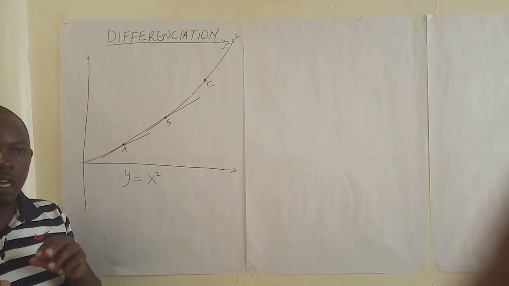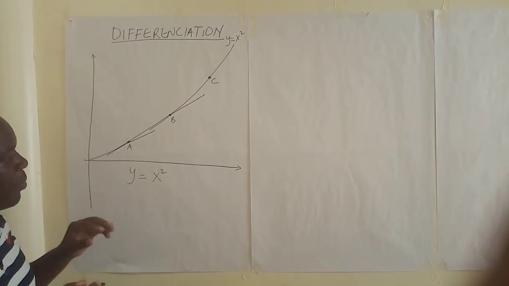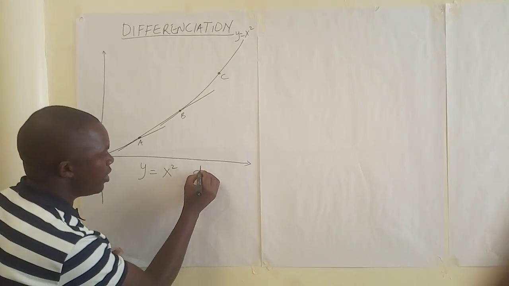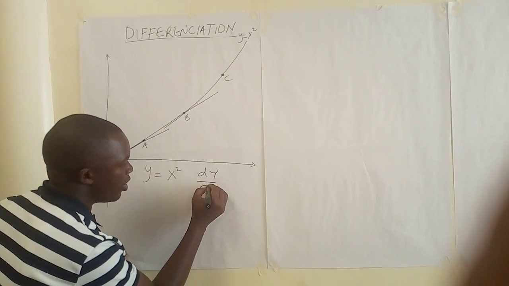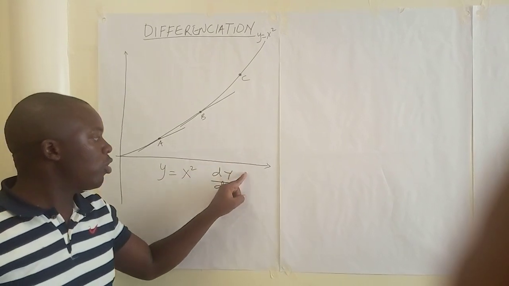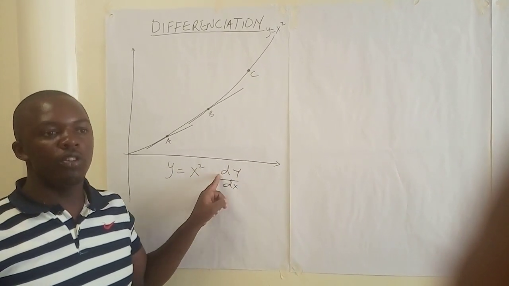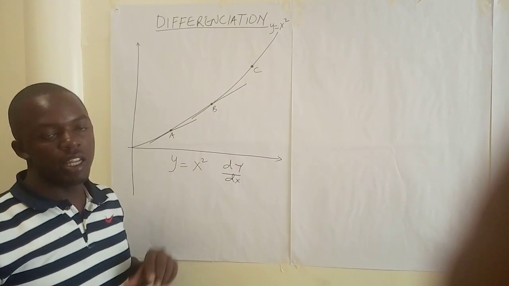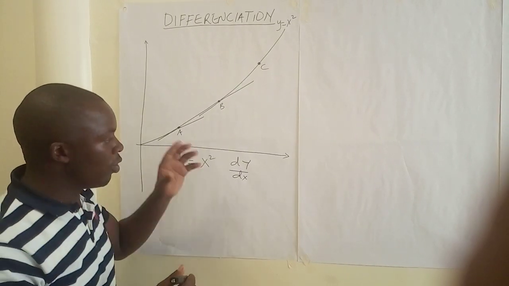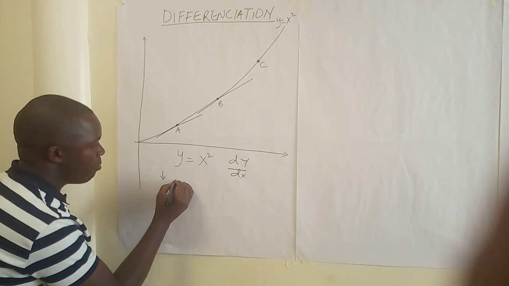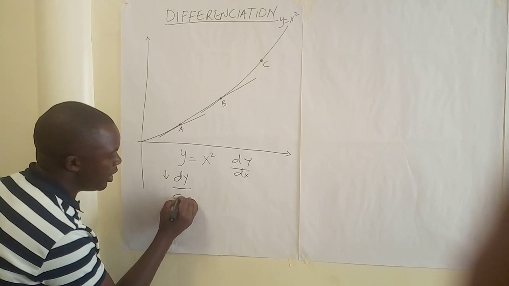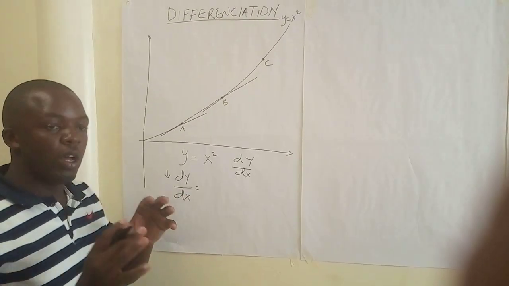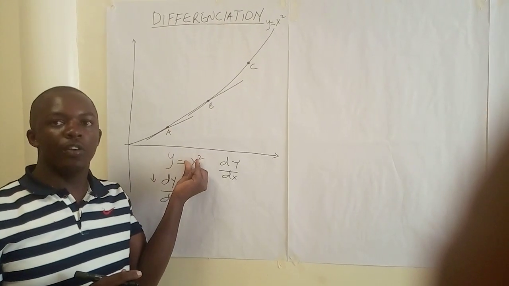So, the gradient function, first of all, is abbreviated using this, dy/dx. This is what you call a derivative. We are going to see how we are going to use it to get the gradient function. So I will move down and say my dy/dx is equal to, I'm going to now get the gradient function from this.